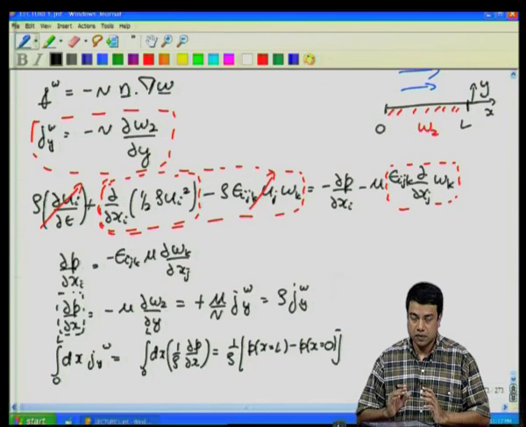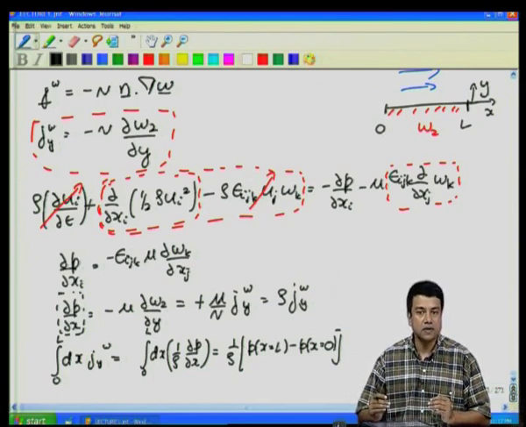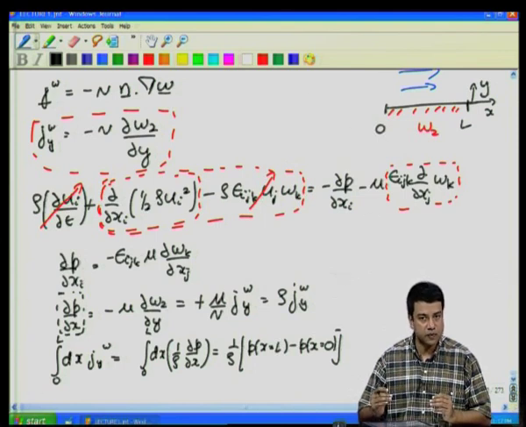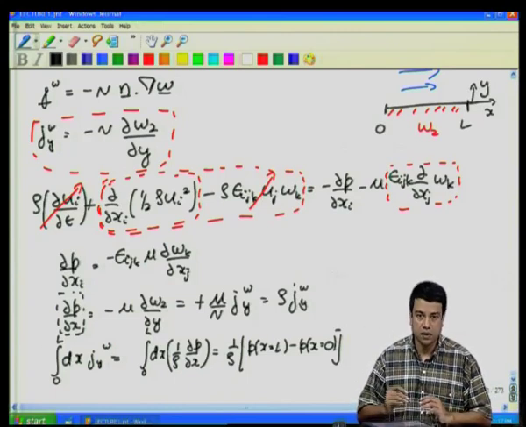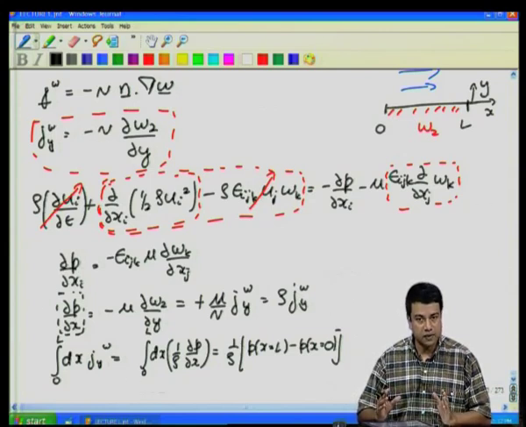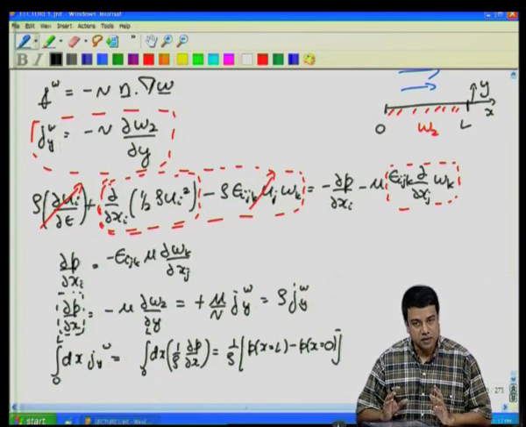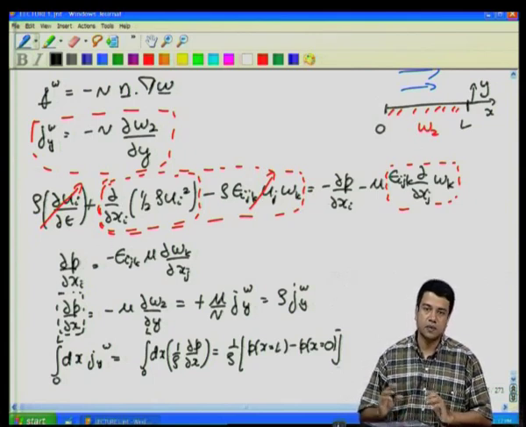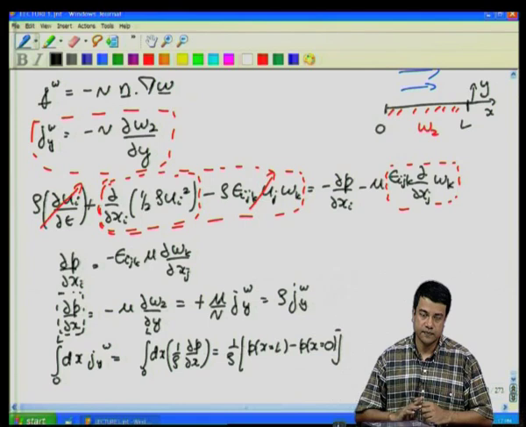So, the net amount of vorticity coming out from this stretch of surface, of course this is a two-dimensional flow, so the vorticity flux is defined only per unit area perpendicular to the plane of the board. But per unit length perpendicular to the plane of the board, the total amount of vorticity coming out of the surface is proportional to the difference in pressure between the two ends of the surface.